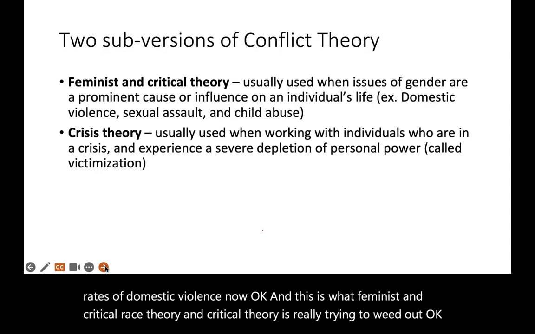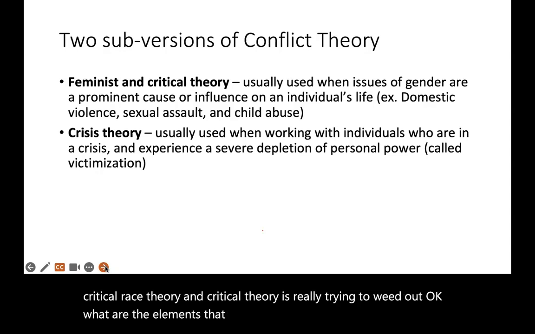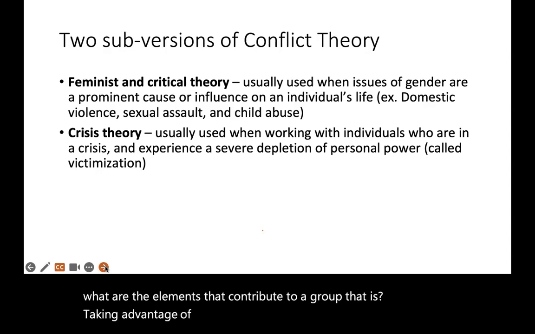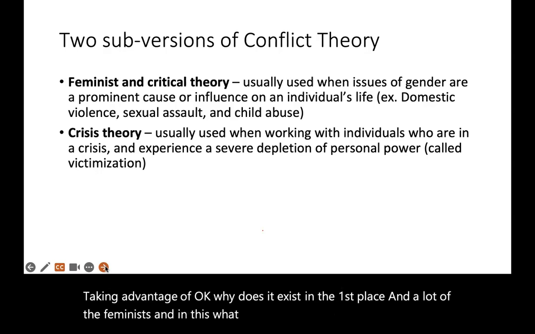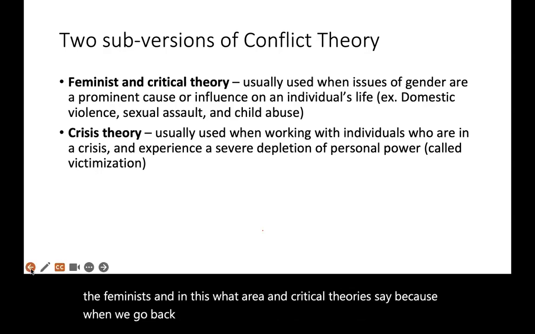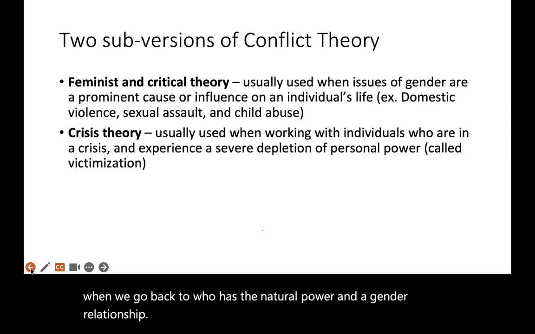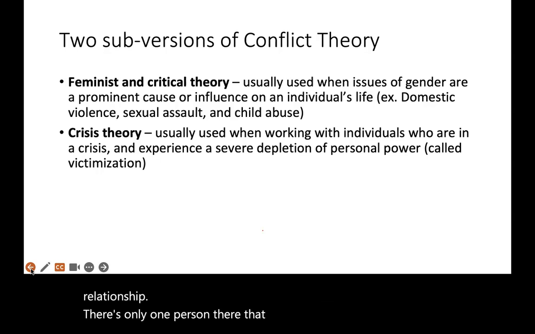What are the elements that contribute to a group that is taken advantage of, okay? Why does it exist in the first place? And a lot of the feminists in this area and critical theories say, because when we go back to who has the natural power in a gender relationship, well, there's only one person there that can actually give birth to a child and is life-giving.